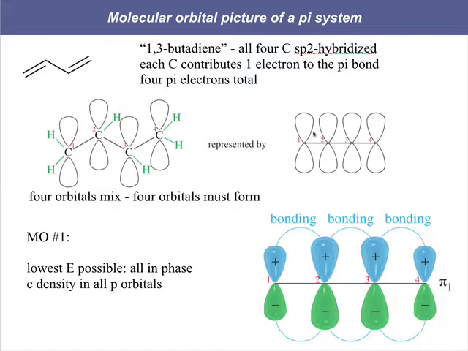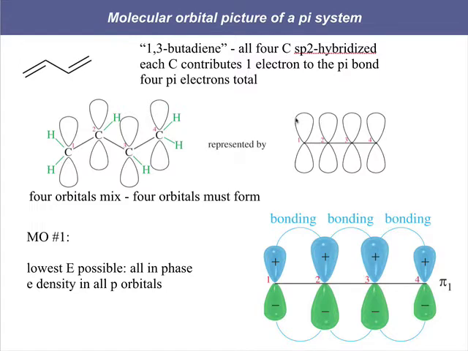I want to point something out real quick before we jump into this. In this picture here, we have overlapping between carbon 1 and carbon 2. The p orbitals are overlapping between carbon 1 and carbon 2 to get us the pi bond. That's great. We also have overlapping between carbon 3 and carbon 4. That gets us a pi bond between carbon 3 and carbon 4.